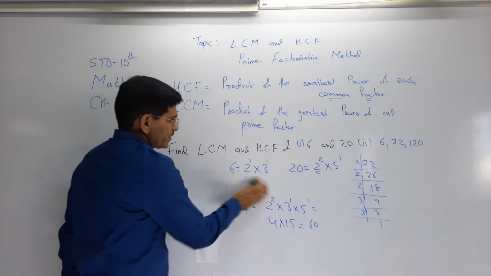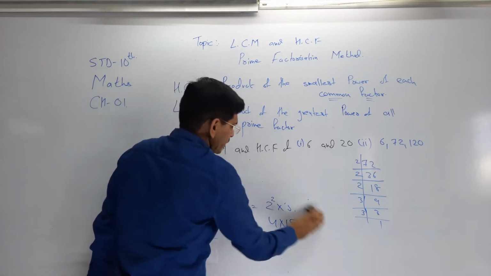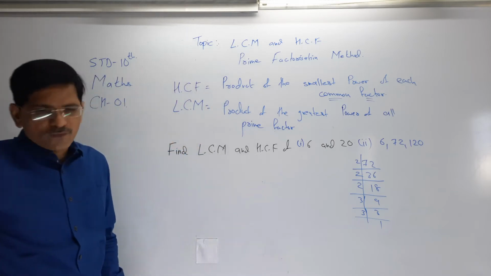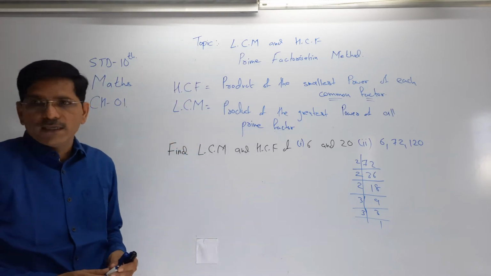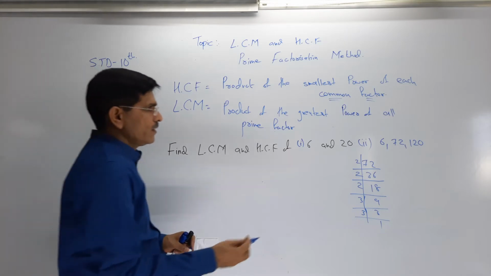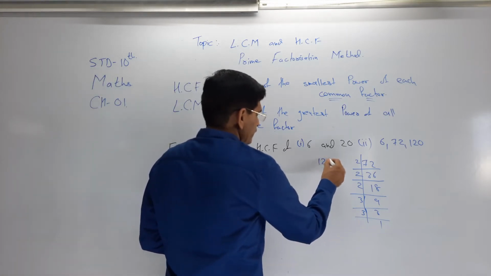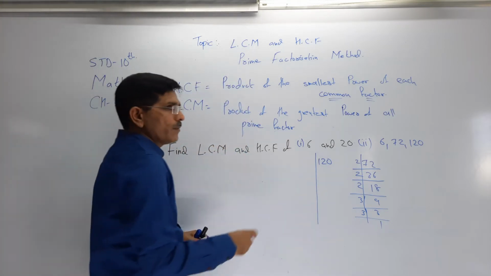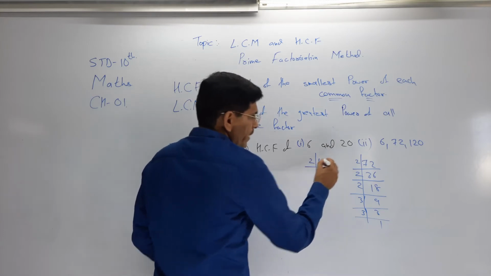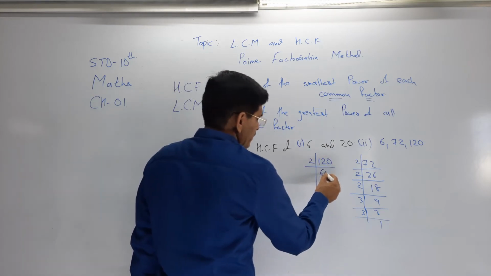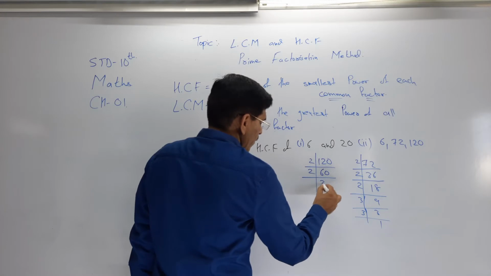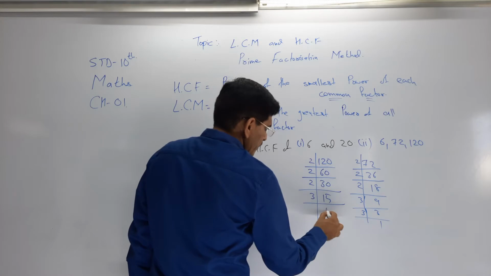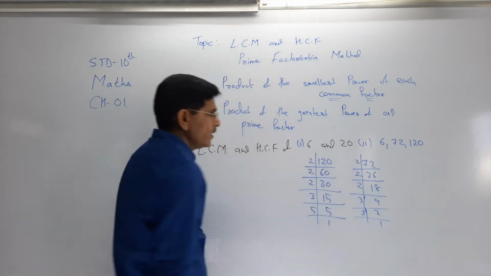Factors of 6 we already know. First we do the factors of 120. Start from 2. When 0 is at the end, it is divisible by 2 or 5. Again 60, again 2, 30, again 2, 15, again 3, 5, again 5, 1.